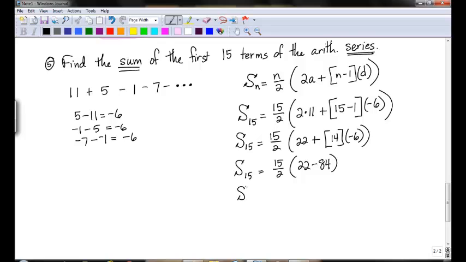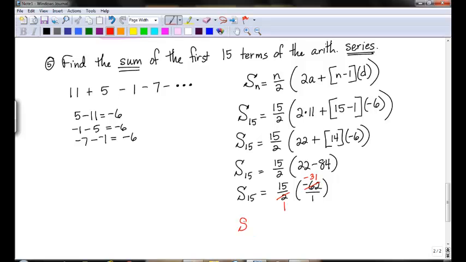Still leave that 15 halves out front. Then you simplify inside and you get negative 62. Agree with that? And that's actually over 1. Now here's where you can reduce. You're multiplying fractions, so reduce. 2 goes into 2 once, and 2 goes into negative 62 a negative 31 times.